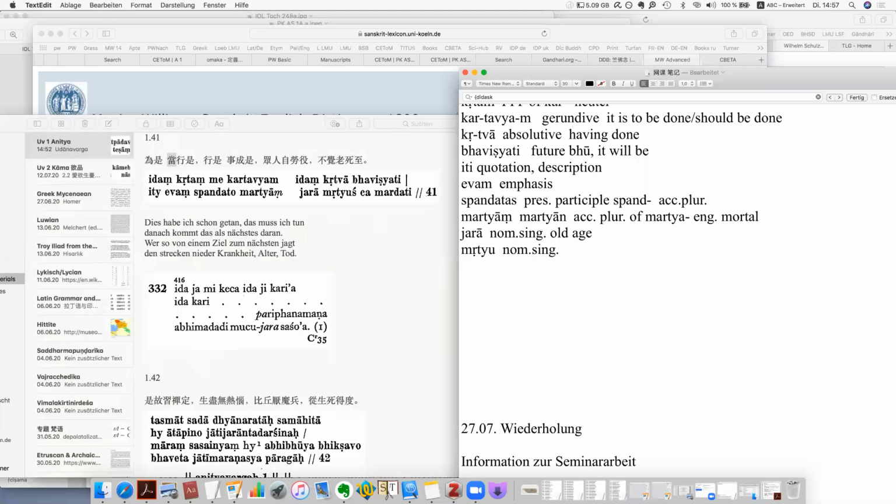So actually, old age and death, they kind of crash. They destroy the human beings, the mortals, who are kind of quivering and running here and there, and who are trembling.